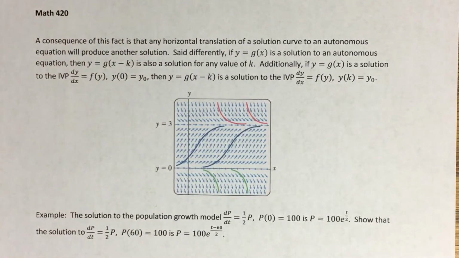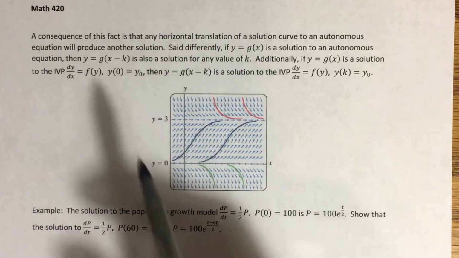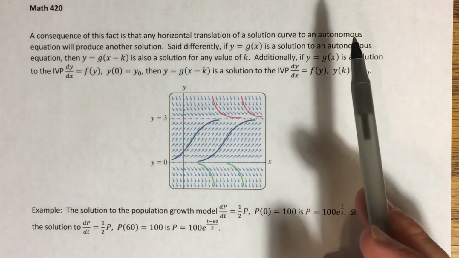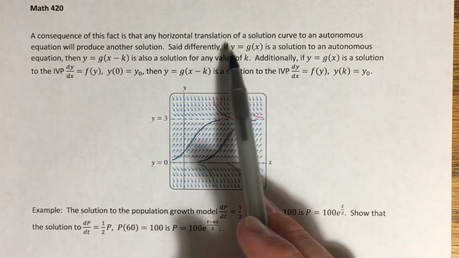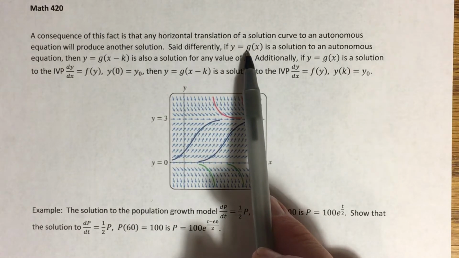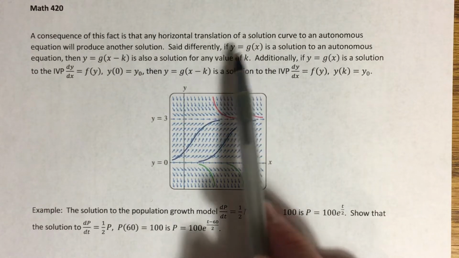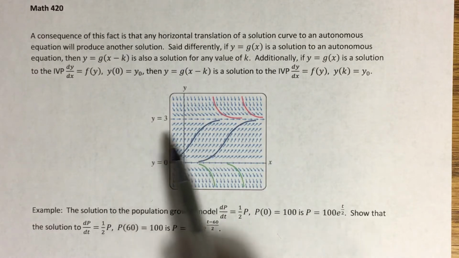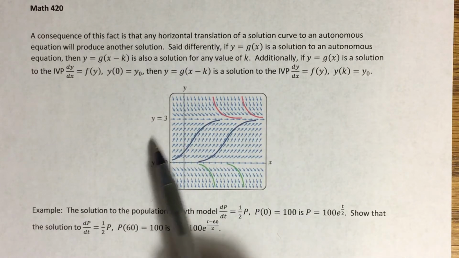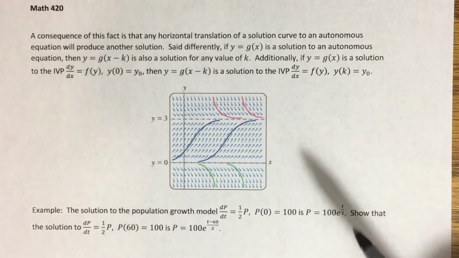And that actually leads to this last topic in this section, which is what we call the translation property. This property basically says that if you have an autonomous differential equation, and let's suppose that you've found one solution to that, y equals g of x, let's say. If you were to take that function and translate it horizontally, any number of units, either to the right or to the left, then the resulting function will be yet another solution to that DE.